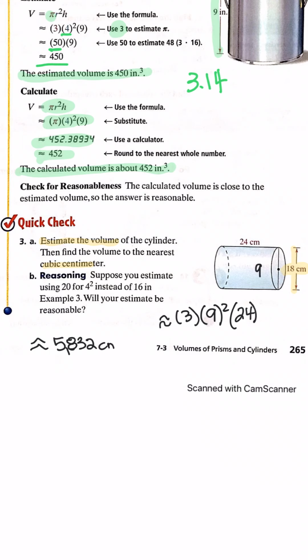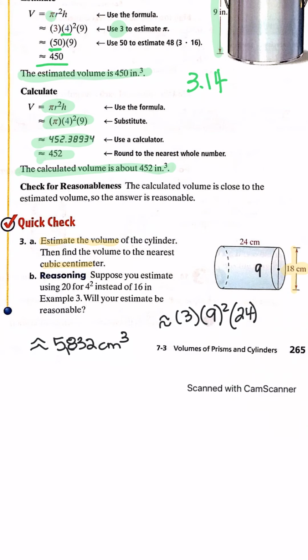So our estimate is 5,832 centimeters cubed. So now they want us to find it to the nearest cubic centimeter. So instead of rounding this time, let's do the exact.